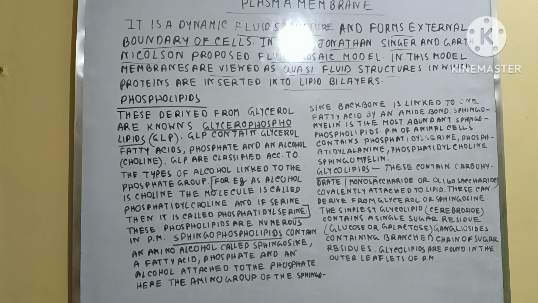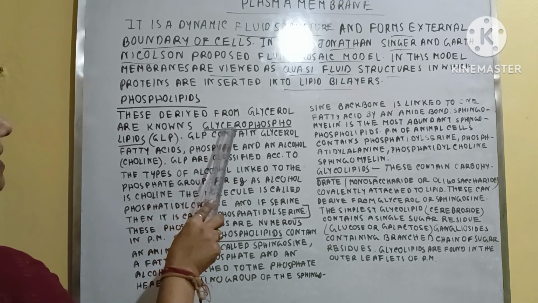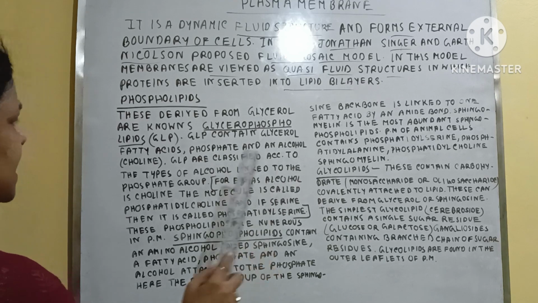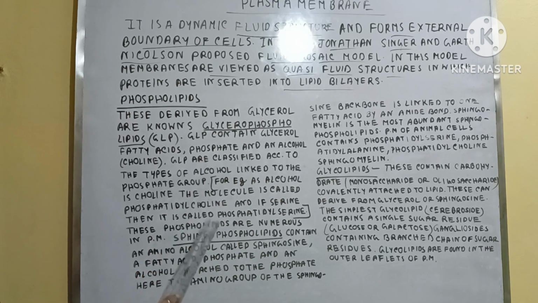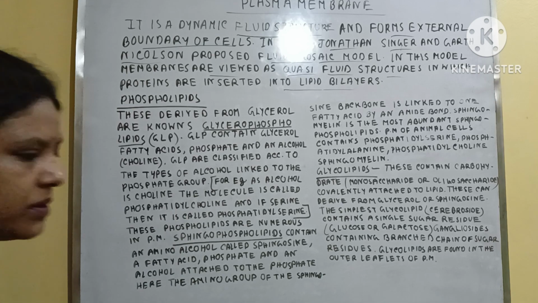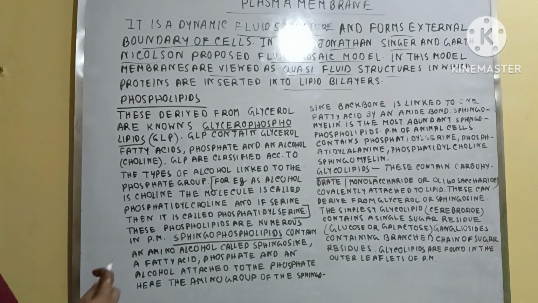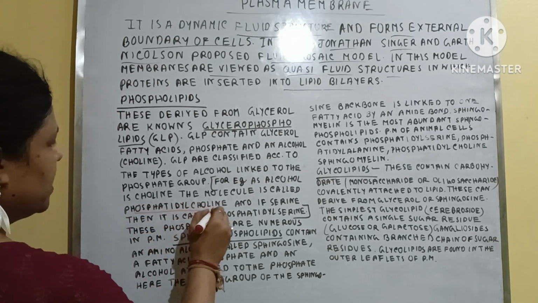According to the presence of alcohol, the glycerophospholipids are classified. For example, if the alcohol is choline, then the molecule is called phosphatidylcholine.